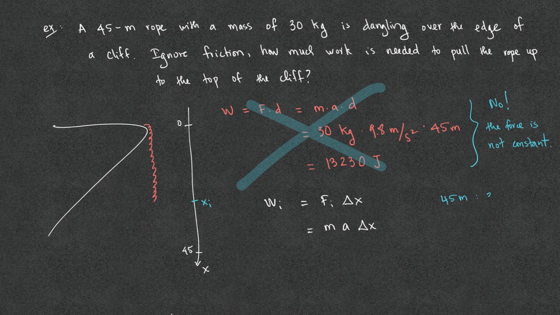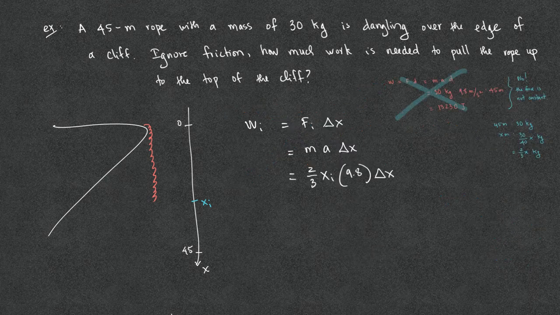It is m a delta x. If the entire rope, 45 meters, has a mass of 30 kilograms, then the length x meters has a mass of 2/3 x kilograms. So the mass is 2/3 xi, the acceleration is 9.8, and the distance is delta x.